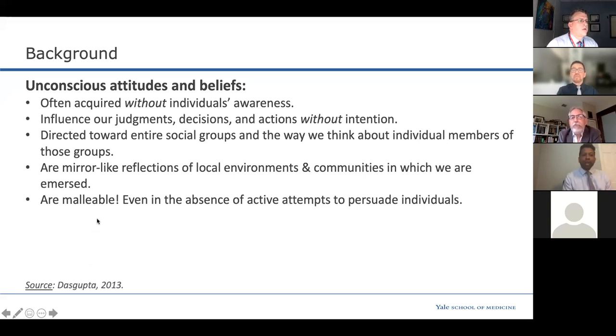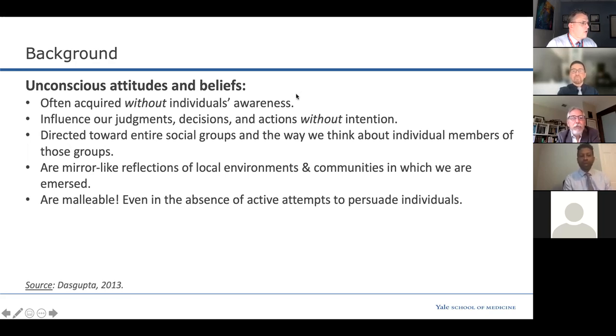And to focus again on what we intend to discuss today, we really want to emphasize unconscious or implicit attitudes and beliefs. These are often acquired without an individual's awareness, but can still influence judgment, decisions, and actions without particular intention. Again, these can be directed towards entire social groups and the way we think about individual members of those groups, including trainees and faculty.